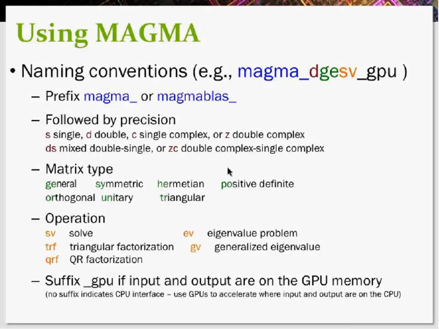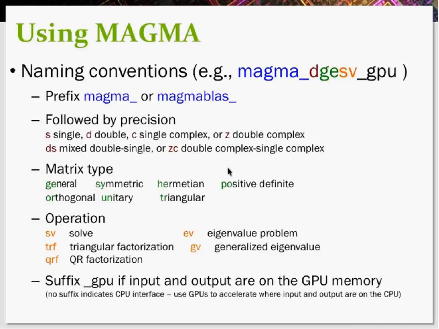And again, this is followed by, for example, underscore GPU. This means that both the input and output of the matrices that we are giving to this routine are in the GPU memory.